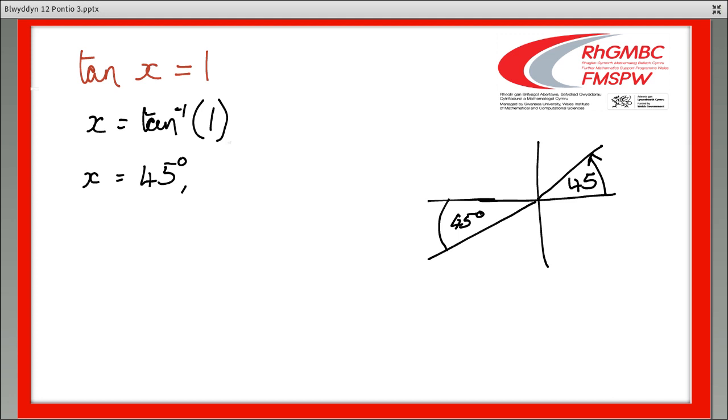So the next angle is going to be 180 plus 45, which is 225. The next angle is going to be 2 lots of 180, 360, plus 45, 405.